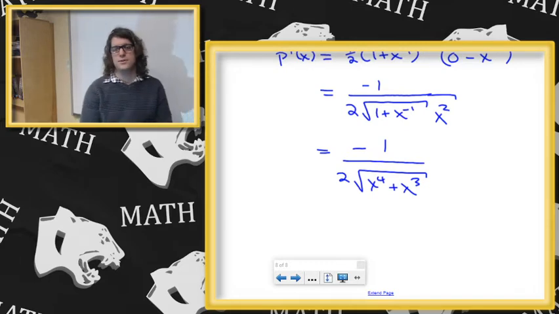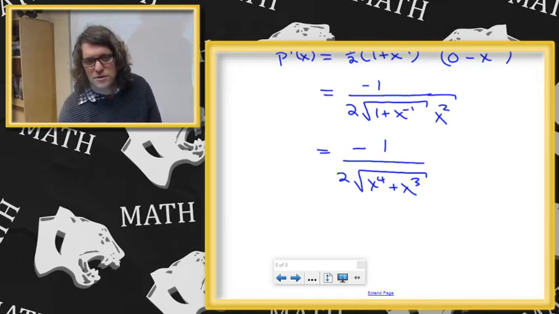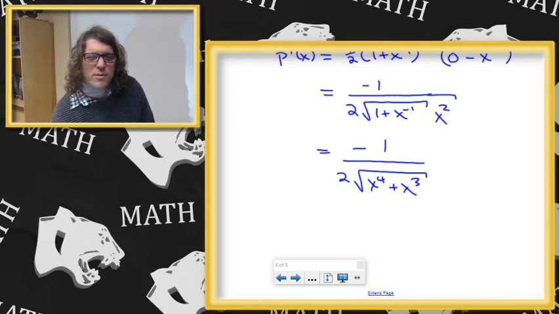So I'll show you, if you're rusty on it, how to check your derivatives using Desmos. I'll load up Desmos and then I'll pop it over there for you.